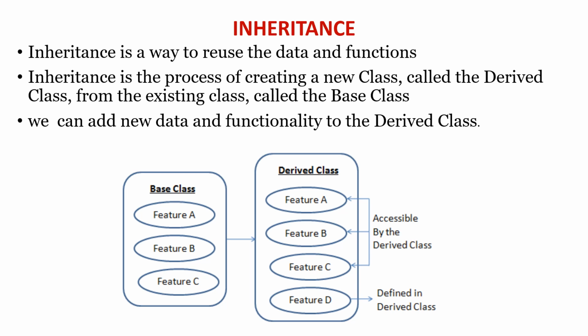In the base class, we have three properties A, B and C. Suppose we want the same features A, B, C in the derived class also, we use inheritance. In addition to A, B, C, you can add one more feature D also. So inheritance is a method of creating a new class from an old class.